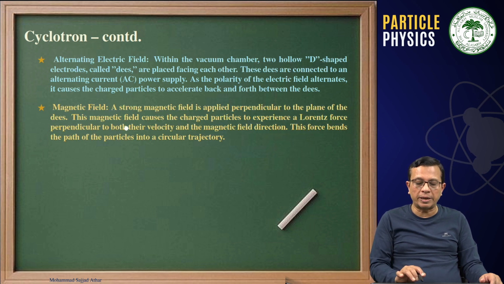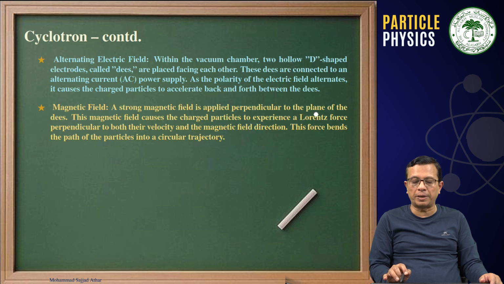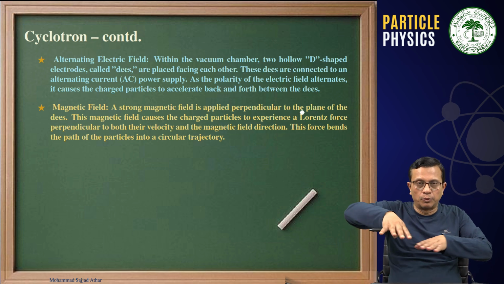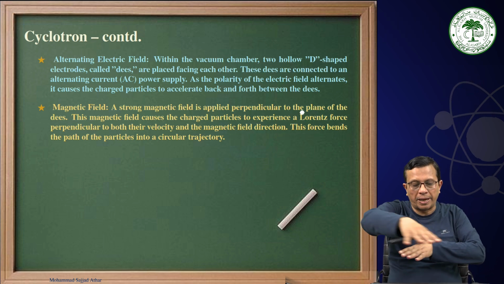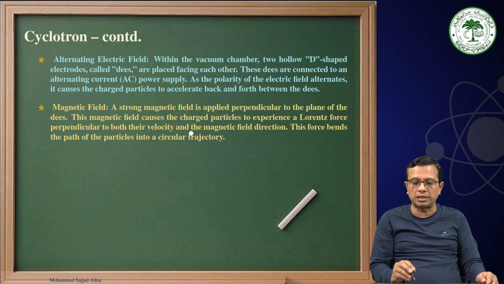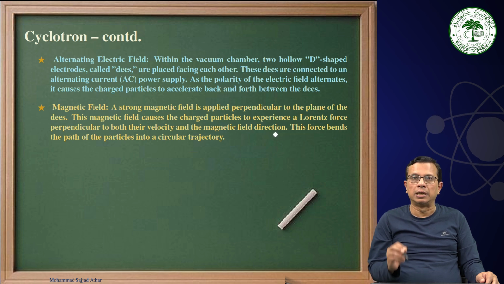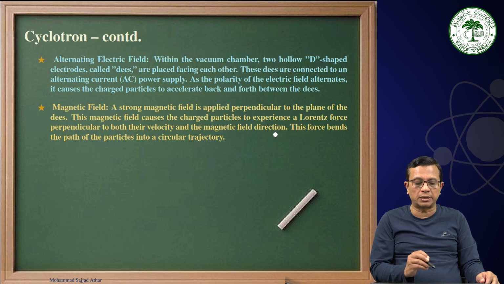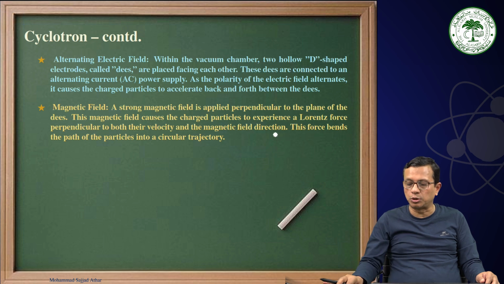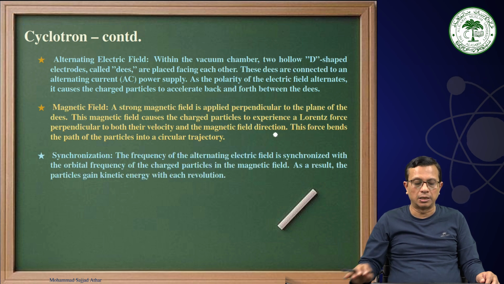Magnetic field: a strong magnetic field is applied perpendicular to the plane of the Ds so that the particle can move along the plane. This magnetic field causes the charged particle to experience a Lorentz force perpendicular to both its velocity and the magnetic field direction. This force bends the path of the particles into a circular trajectory.